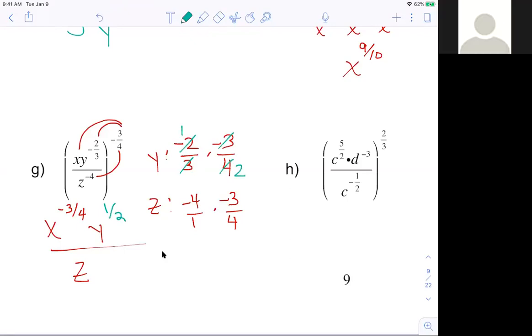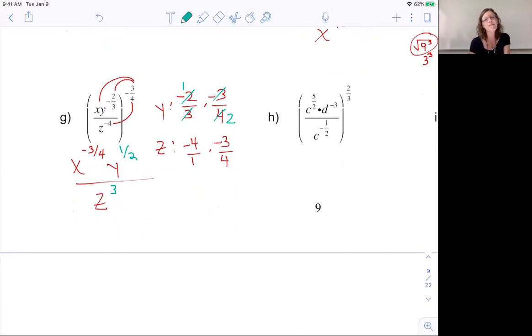I'm not done with z yet. Okay, that's all right. Peter, what do you have for z? 3. All right. Any other simplifying we can do?